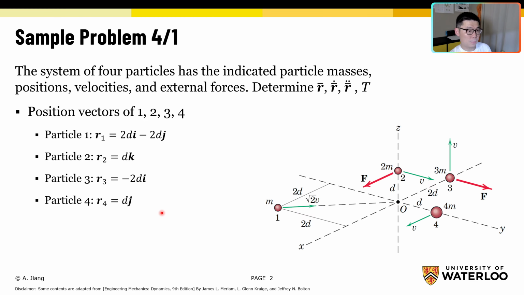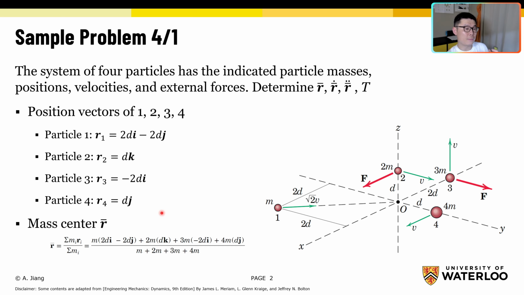Now, with the position vector of each particle, the mass center position vector, R bar, can be calculated using this weighted average formula: the sum of mi ri of each individual particle, divided by the whole mass. In this case, all mass added together, we have m, 2m, 3m, and 4m.